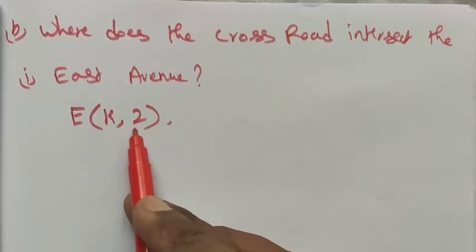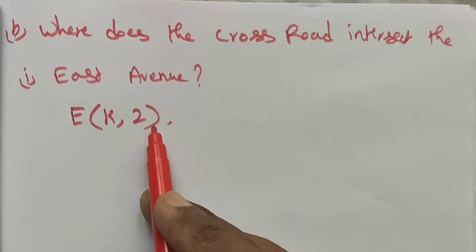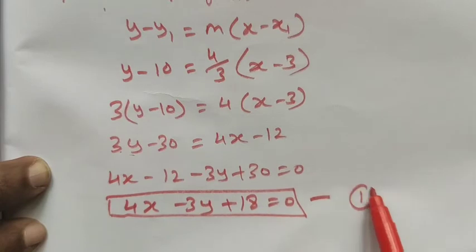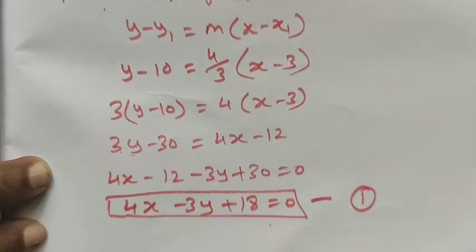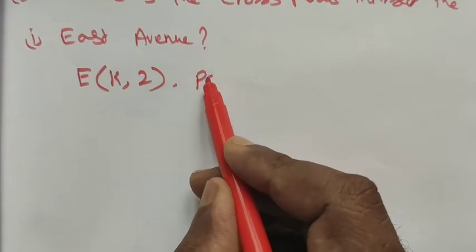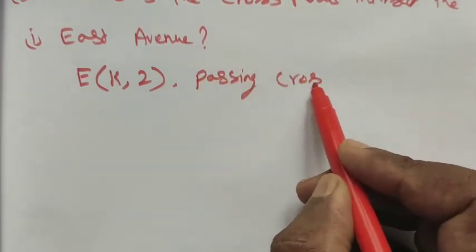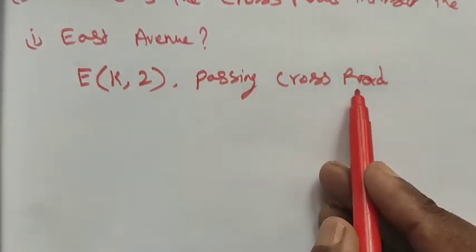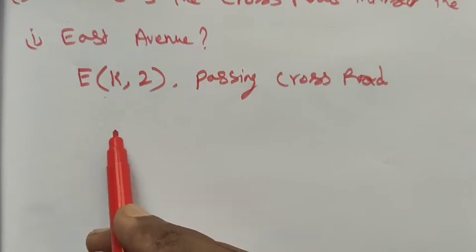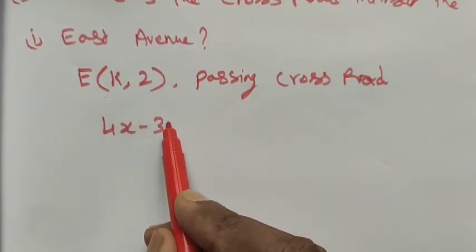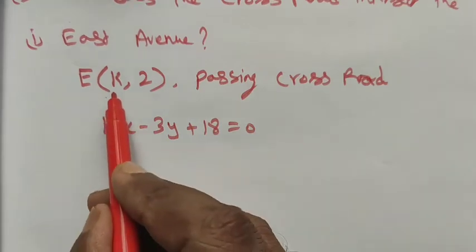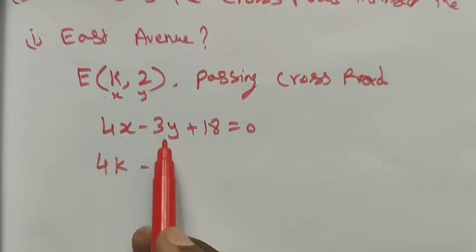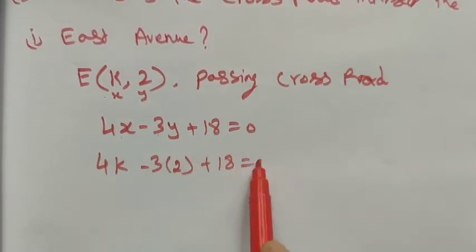And then this line is passing through the crossroad, right? So this is the crossroad equation; let me take it as equation number 1. E is passing through the crossroad. Now substitute this value in 4x minus 3y plus 18 equal to 0. Here x is equal to k: 4k minus 3 into 2 plus 18 equal to 0.